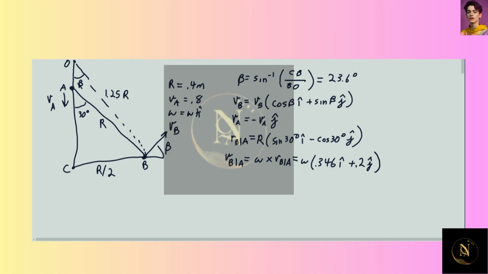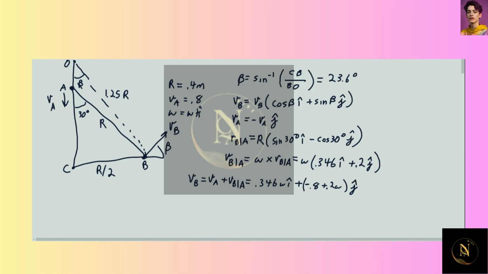So next thing we can do is write the velocity of B as simply the velocity of A plus the velocity of B with respect to A. And this will give us 0.346 omega i hat plus a negative 0.8 plus 0.2 omega j hat.